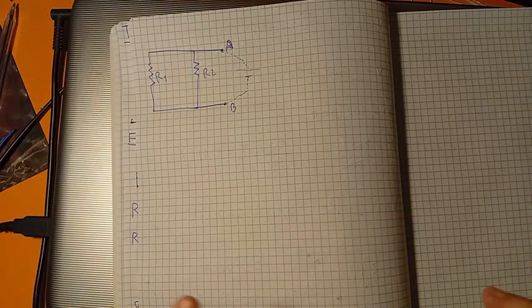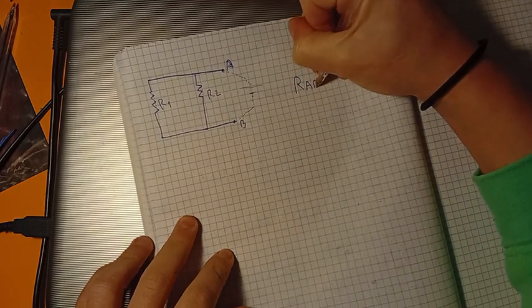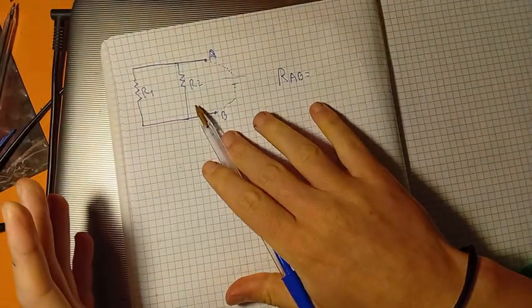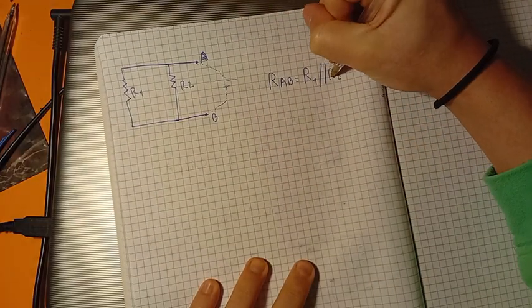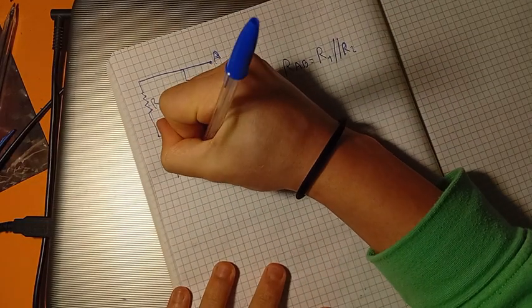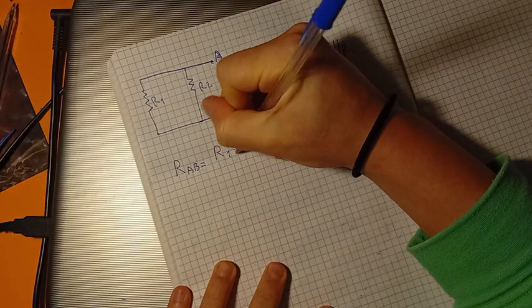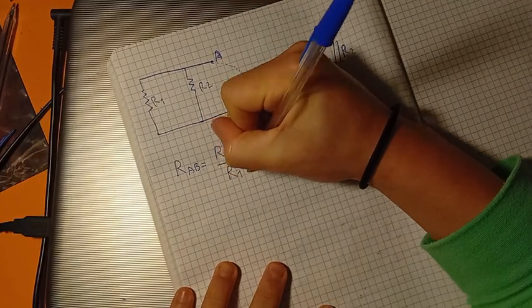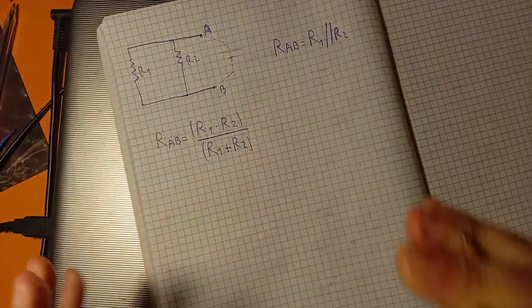So the resistance between the points A and B is just R1 parallel R2. So I have to do R1 multiplied by R2 divided by R1 plus R2.